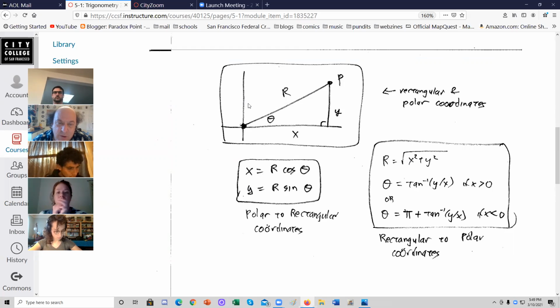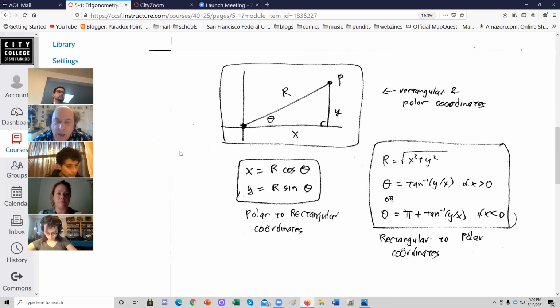Now theta, we use arctangent, but it's tricky because arctangent only gives you values from minus pi halves to pi halves, and that fits the right half of the plane. The left half of the plane arctangent doesn't cover, so you have to add pi radians. So if x is positive, then theta is arctangent y over x, because tan theta is y over x.